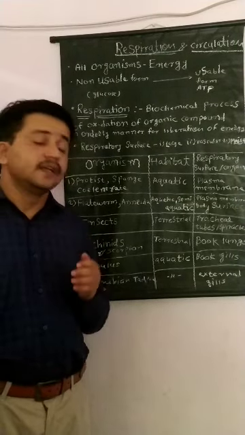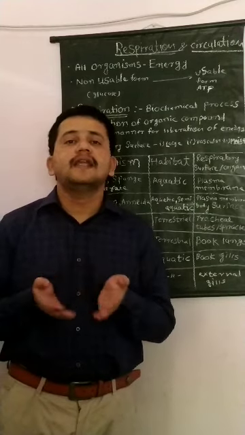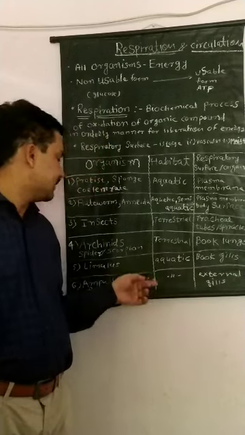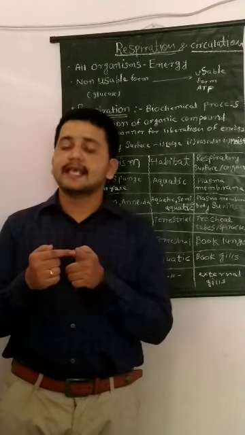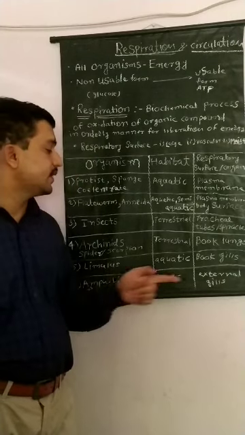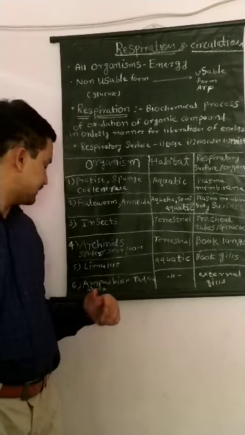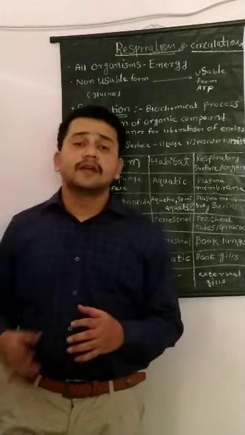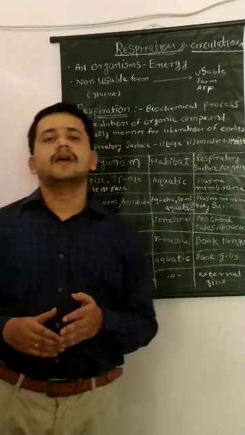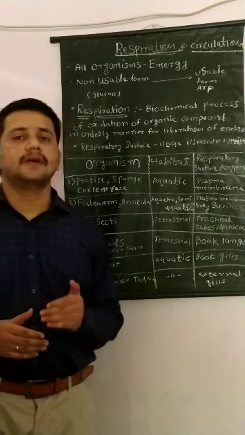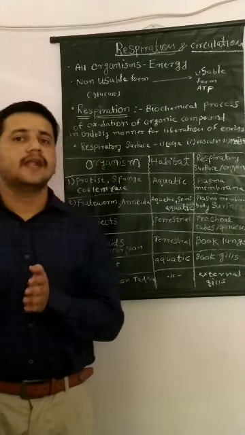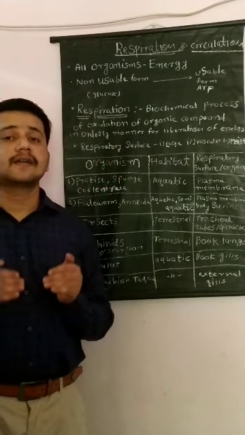So if we are seeing the fishes, their gills are internal. Why? Because they cannot be seen from outside. But this tadpole has gills like this and they can be seen from outside and therefore they are called external gills. The next organism is fishes. Fishes have internal gills, and coming to the higher animals like human, birds, reptiles, they are terrestrial, they live on the land and therefore their lungs are well developed.